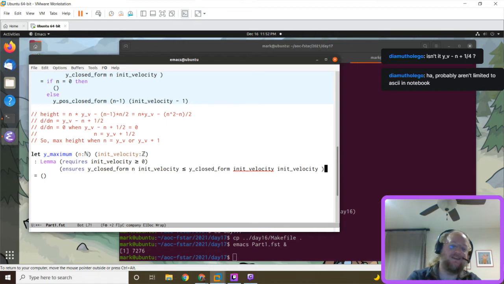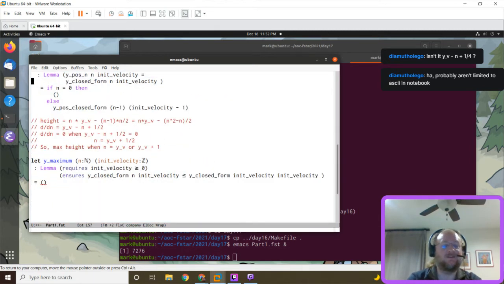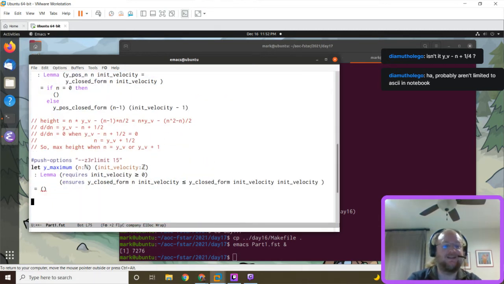Because if the initial velocity is less than 0, then the maximum is at 0 instead. All right. We're working the solver hard today.